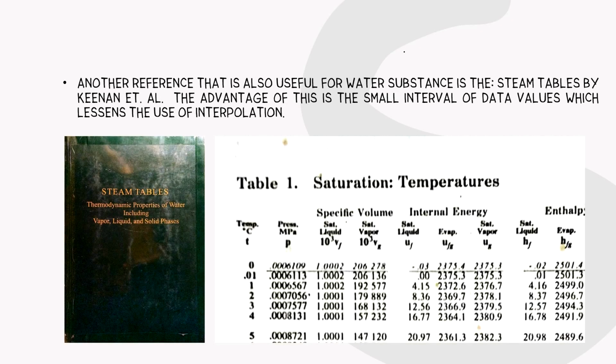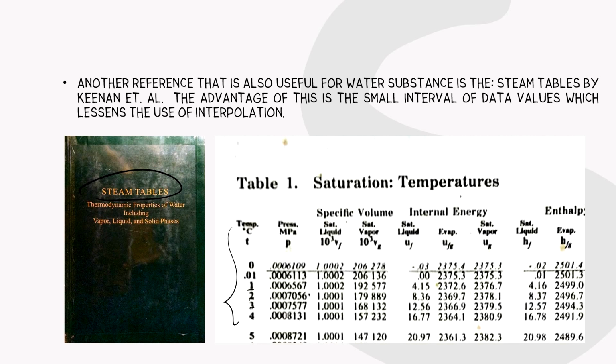Okay, next is another reference that is also useful for steam tables. That means the substance here is water. This is useful because, as you can see, the temperature intervals here are smaller instead of bigger steps, which means the probability of doing a lot of interpolations would be lessened.